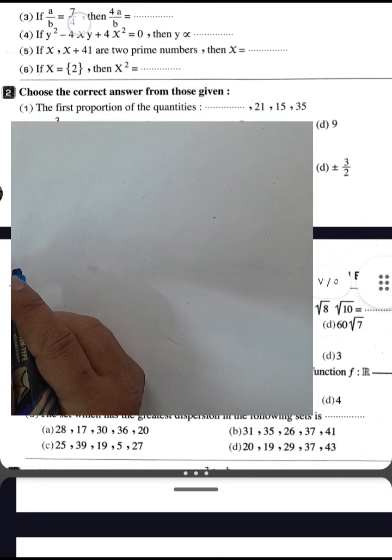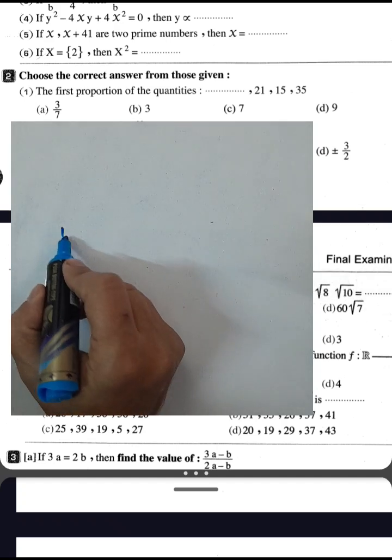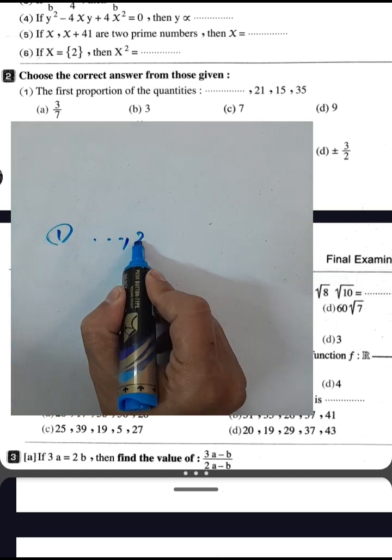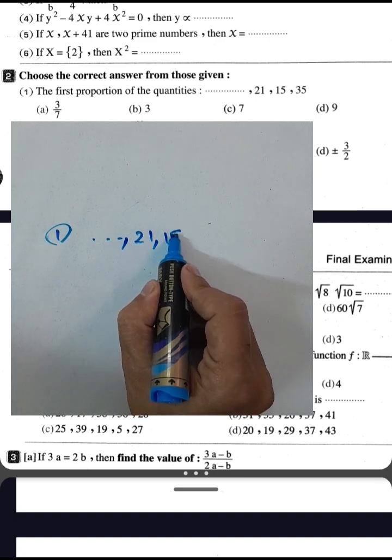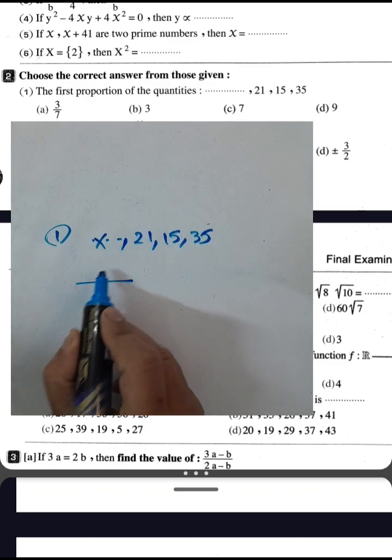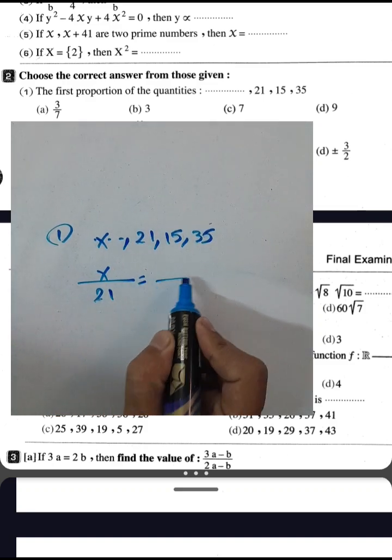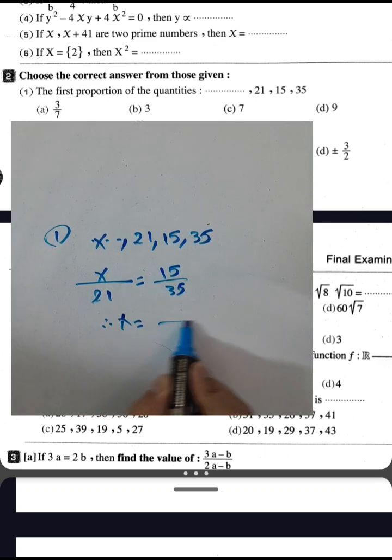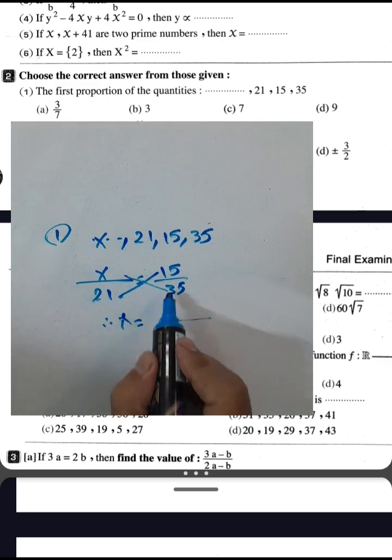Next example, choose the correct answer. Number 1, the first portion of the quantities. We have 21 and 15 and 35. Put x here and write x over 21 equal 15 over 35, and then the value of x equal the product of extremes equal product of means. Put the rule here.